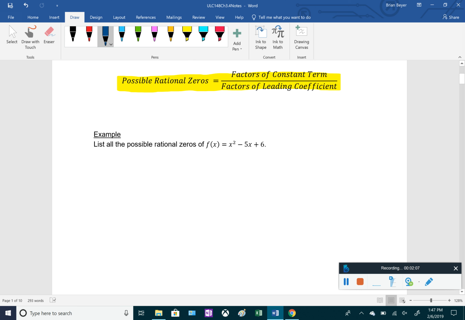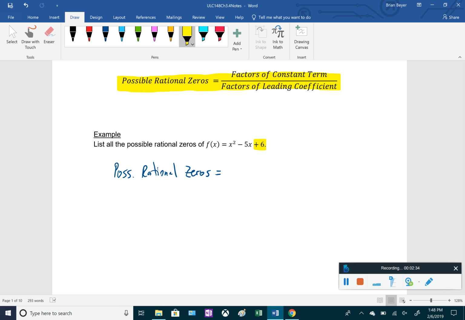So let's list all of the possible rational zeros of f of x equals x squared minus 5x plus 6. The possible rational zeros are going to be factors of the constant term divided by factors of the leading coefficient. The constant term is positive 6.